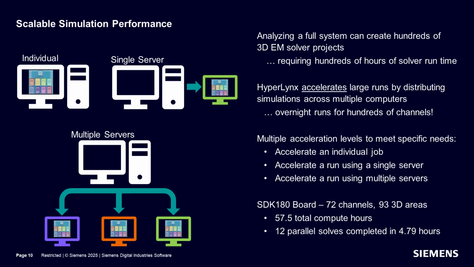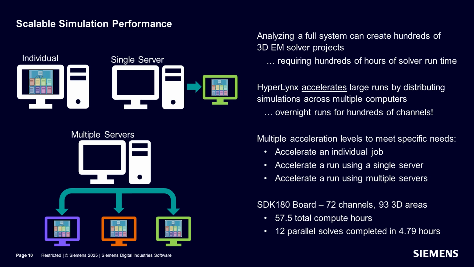And then finally, the last case is if we're looking at the larger scale, trying to solve hundreds of areas at a time that could take weeks of solve time, we could offload this onto multiple server machines and solve multiple jobs in parallel, or we could interface with load management software to solve in a compute farm.